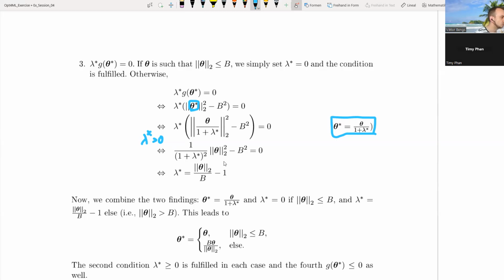We can do a quick sanity check that this is true. Let's plug in lambda star here in this line here. Then we will see 1 plus this thing minus 1. The ones are canceling out. So we have theta Euclidean norm in the denominator.